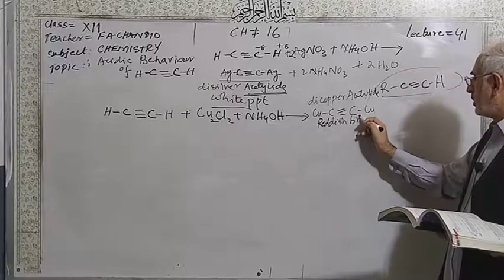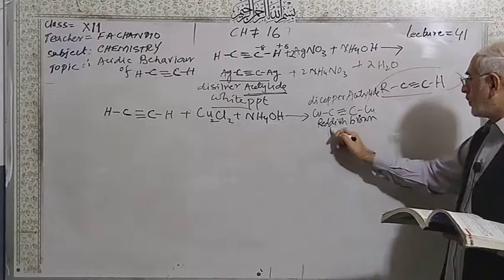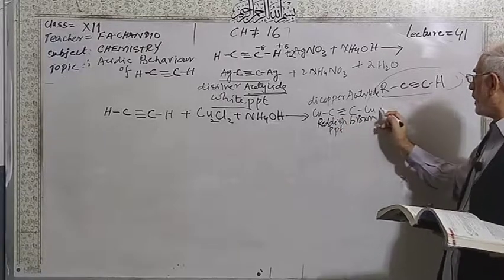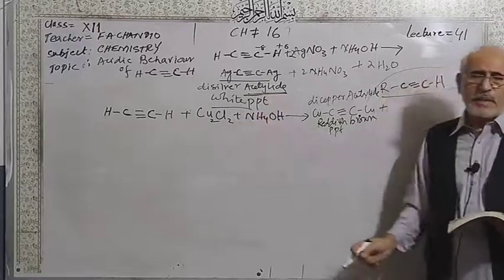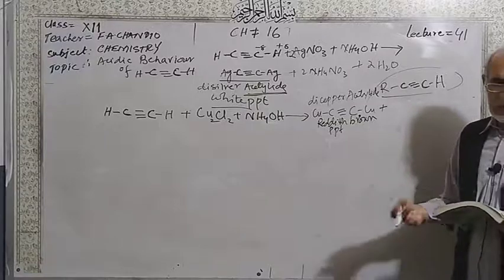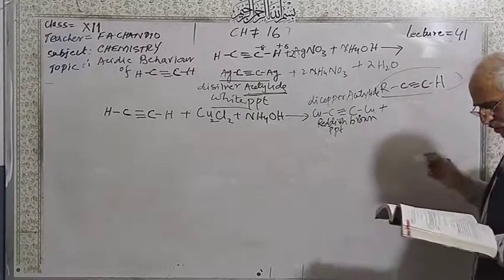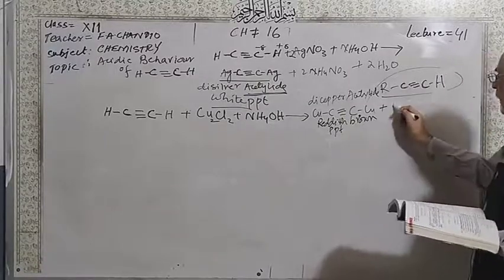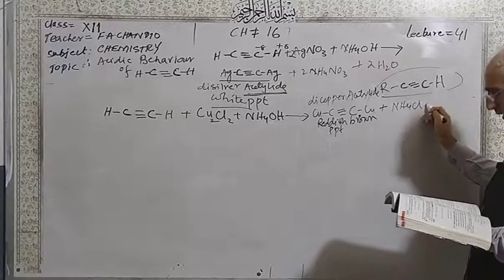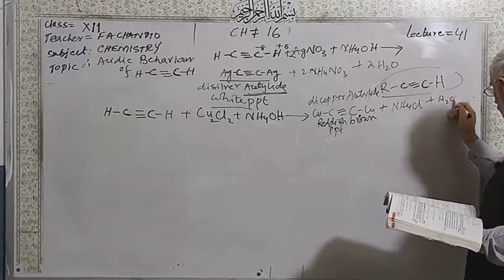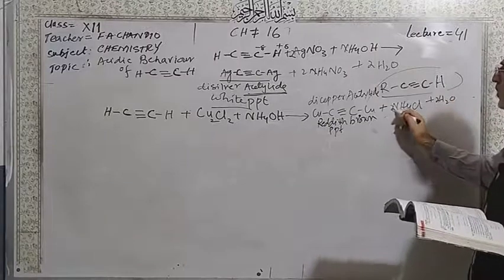Reddish brown precipitate. So this reddish brown precipitate indicates that there is a terminal hydrogen with the alkyne or propyne, and also ammonium chloride, because there is cuprous chloride. So ammonium chloride is going to be formed, and also water is going to be formed here.